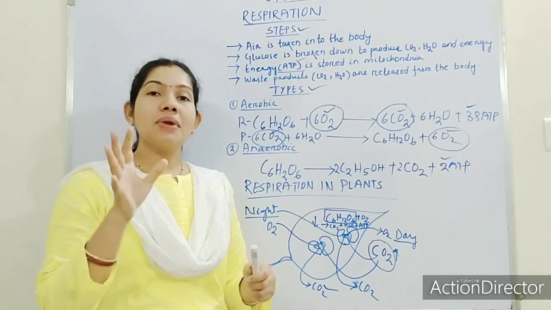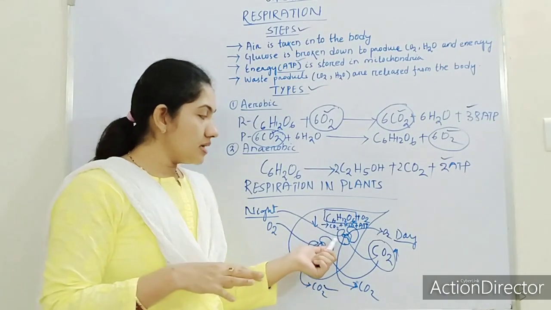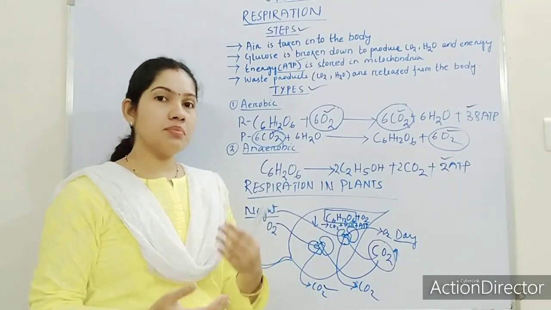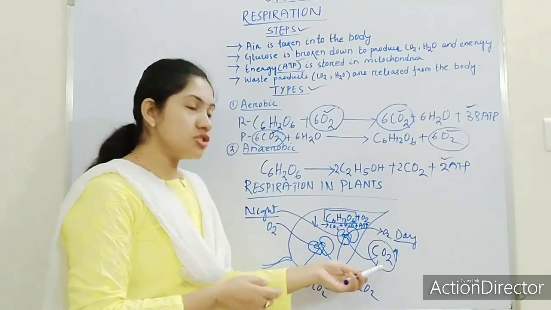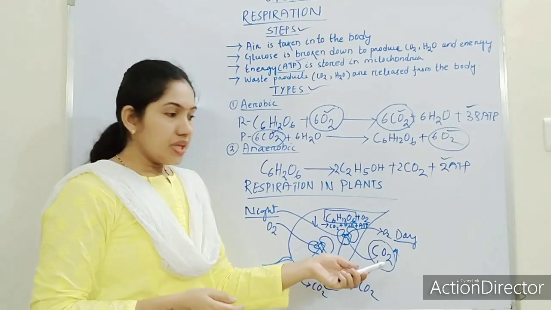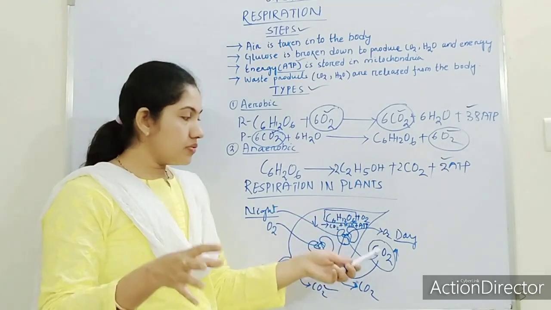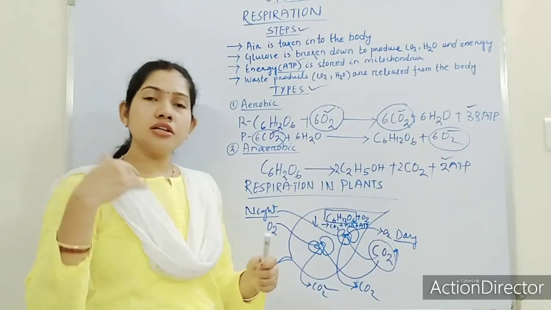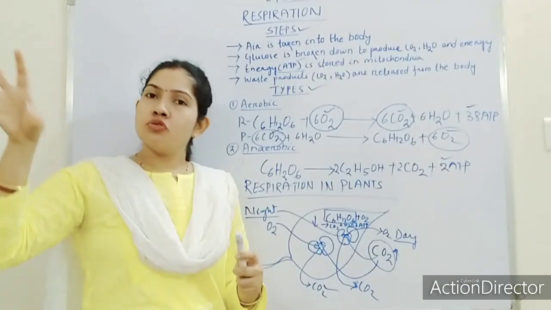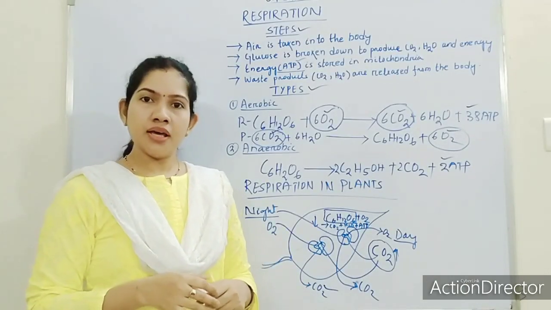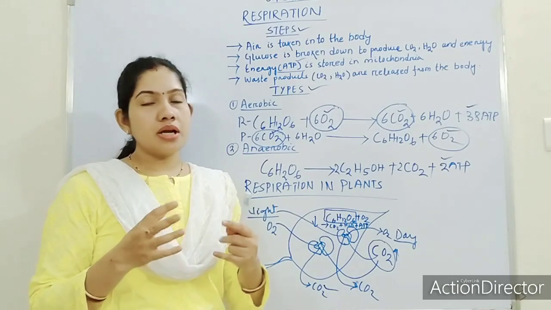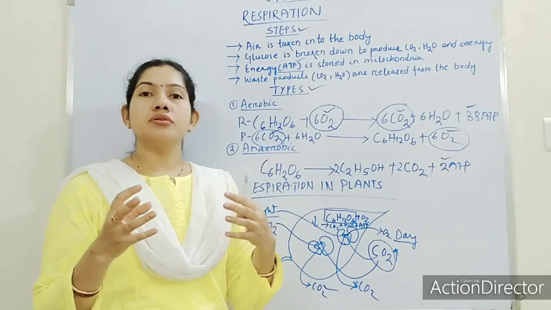As I said, plants do not have a special organ, and they take carbon dioxide and oxygen through the stomata. During daytime the pollution in the atmosphere will be more, due to running of vehicles and industrialization.